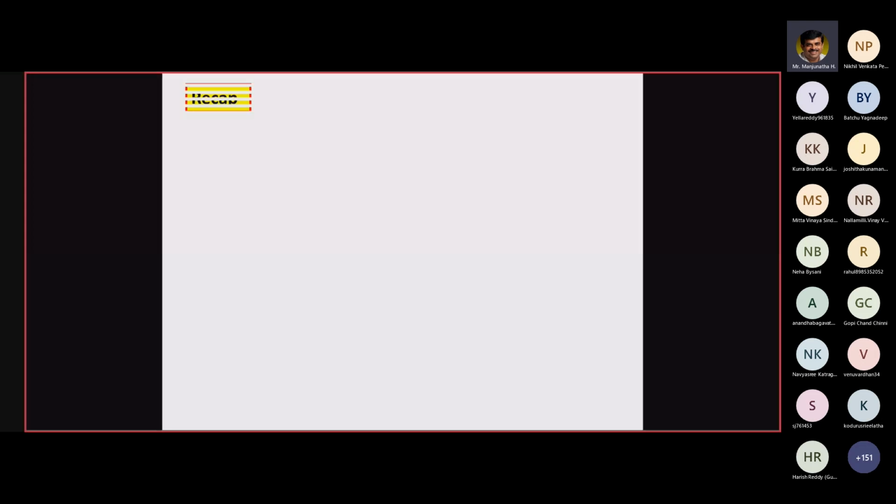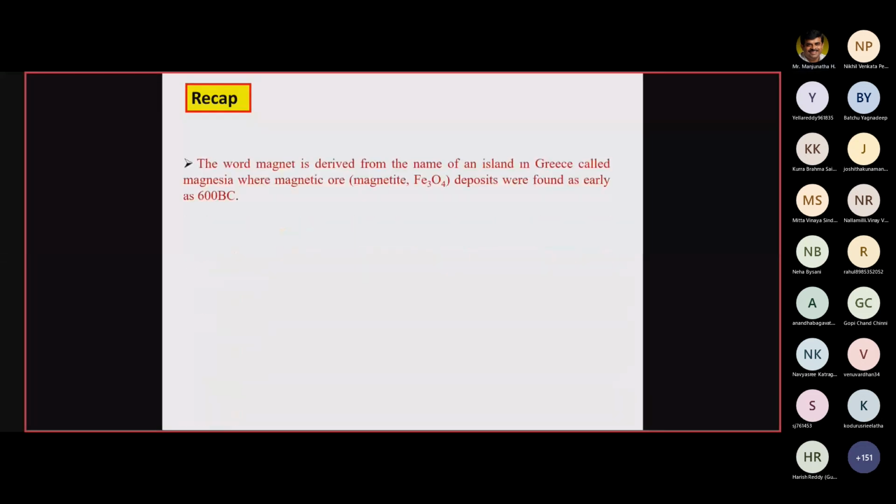So let us recap. Recap means keep it in mind. You people have already learned this. I'm just trying to bring this back. You know this, students. Magnetism.